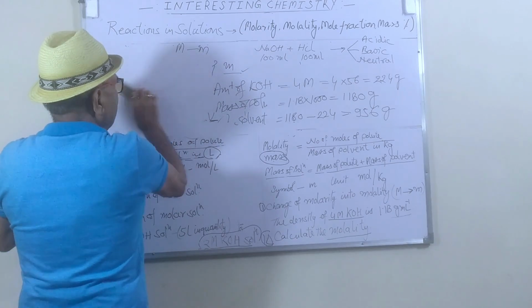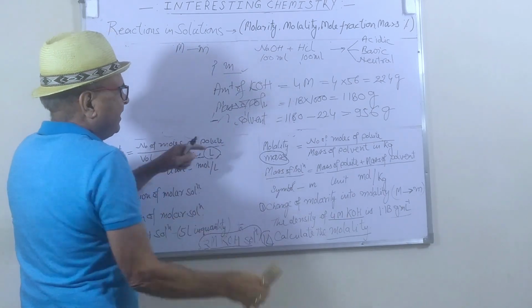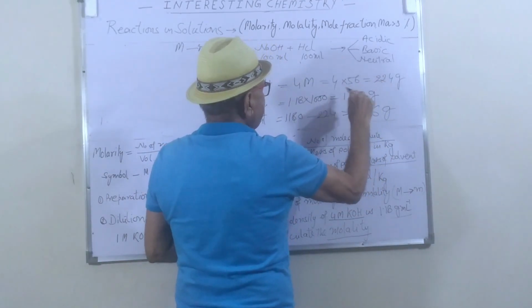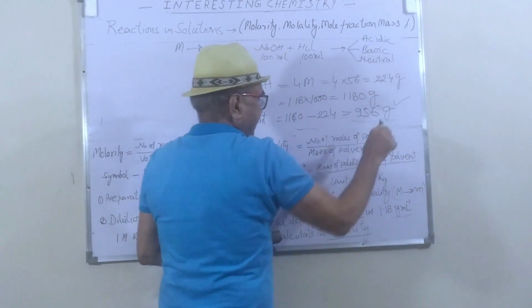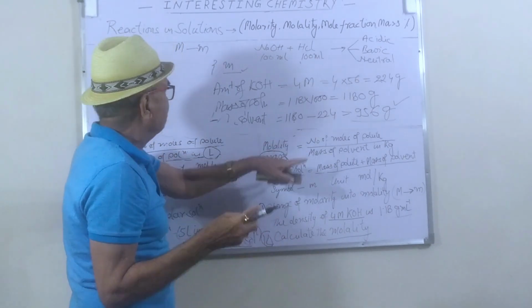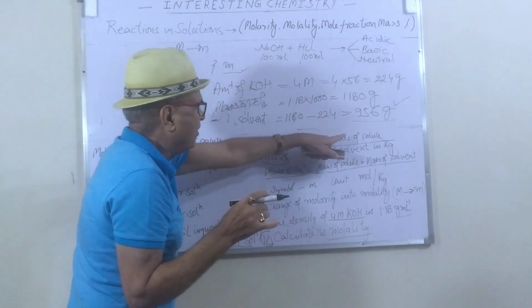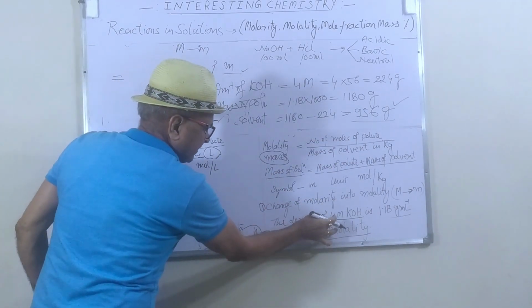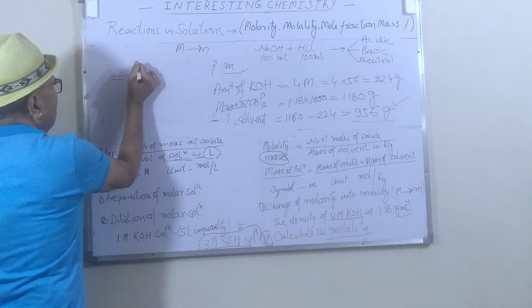You have found three things. Now come to the molality. The formula of the molality: number of moles. How many moles are there in this solution? 4.